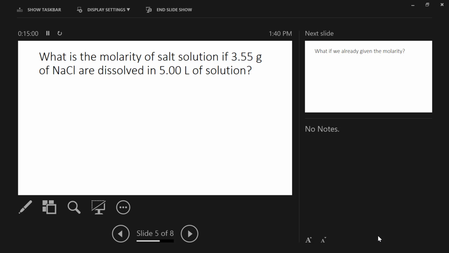Moles of solute. So here's another tool for you. Moles of anything is equal to the total mass divided by the atomic or molecular mass.